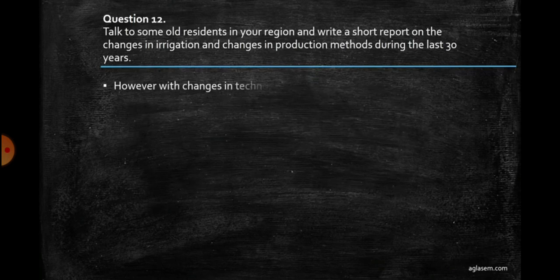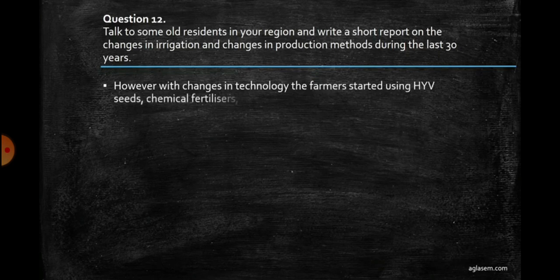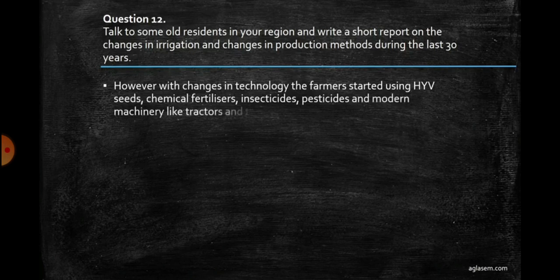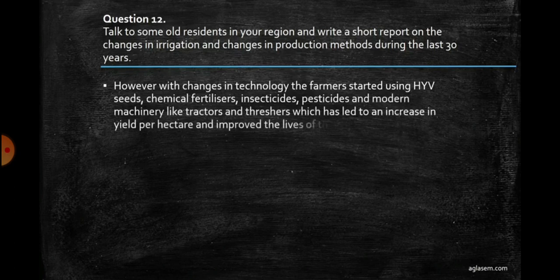However, with changes in technology, the farmers started using HYV seeds, chemical fertilizers, insecticides, and pesticides, and modern machinery like tractors and threshers, which has led to an increase in yield per hectare and improved the lives of the farmers.